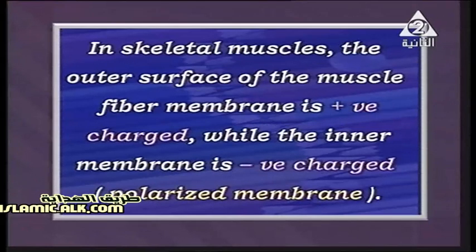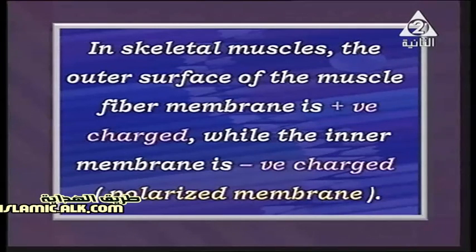Number one, in the skeletal muscles. Again, what we need to know is how your muscle contracts or relaxes. The skeletal muscle has two surfaces: the outer surface and the inner surface. The outer surface is positively charged, while the inner surface is negatively charged.